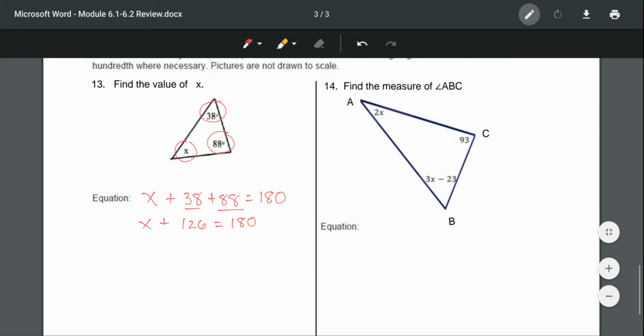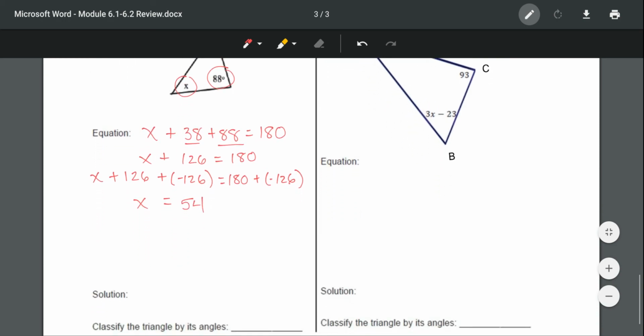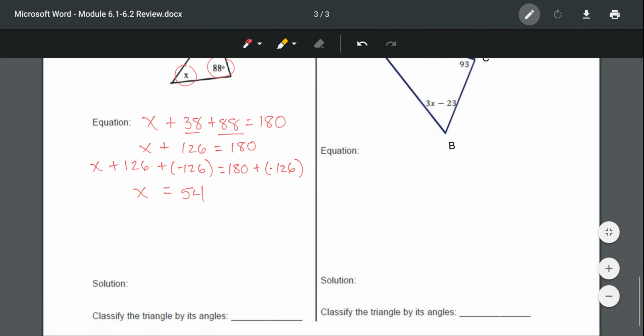To solve for x, add negative 126 to both sides. So x is going to equal 180 plus negative 126. That would give us 54. So the value of x would just be 54 degrees.